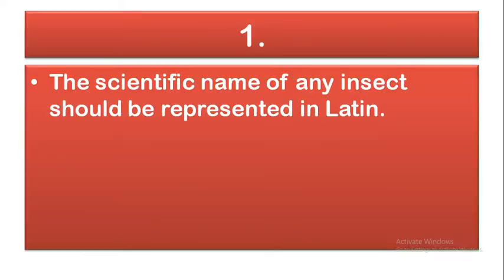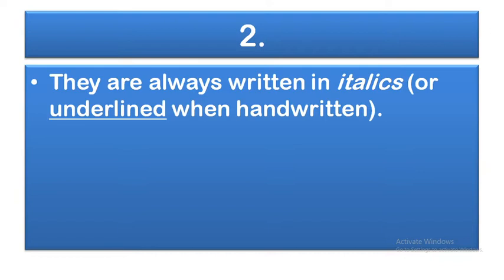First, the scientific name of any insect should be represented in Latin. A common word is to be taken in Latin. Second, they are always written in italics.